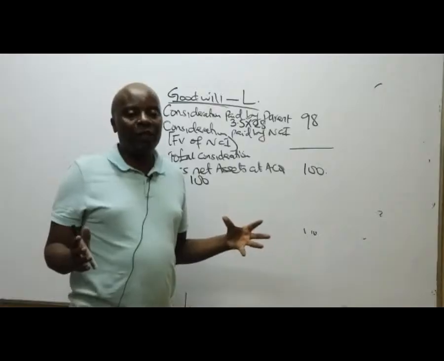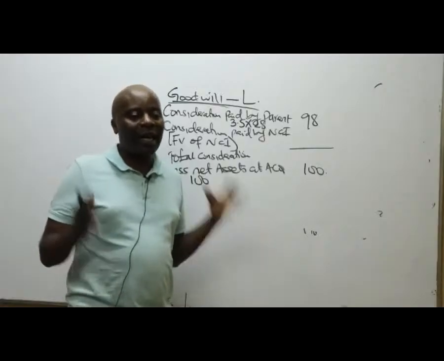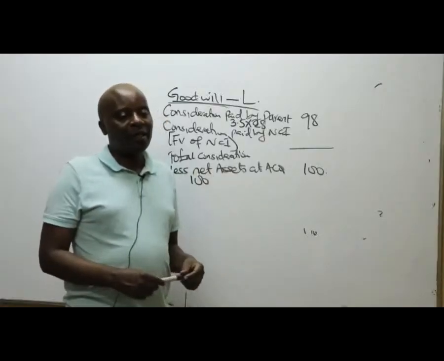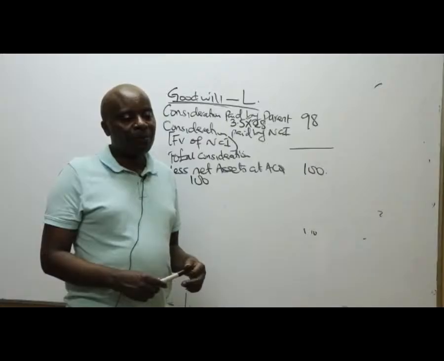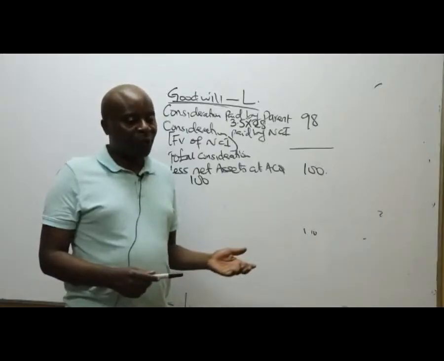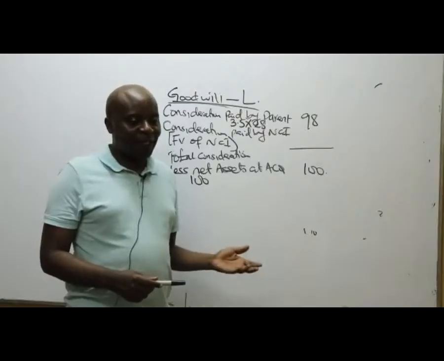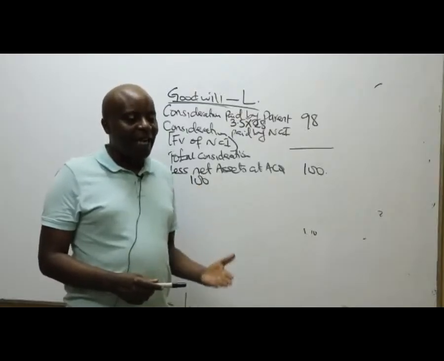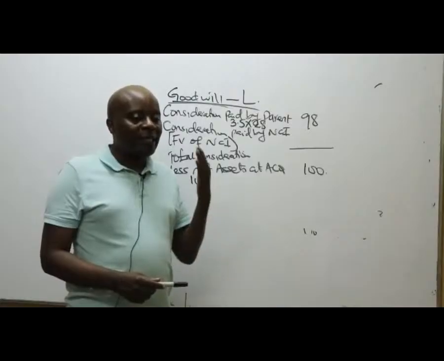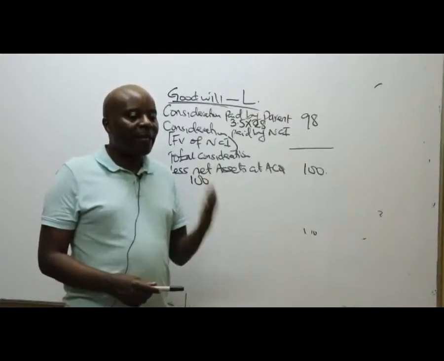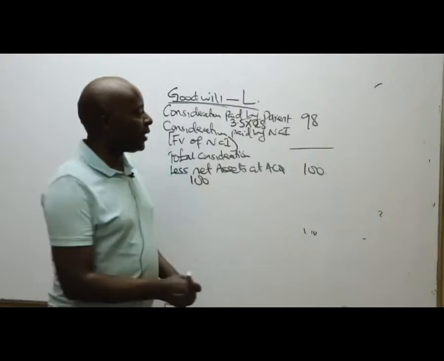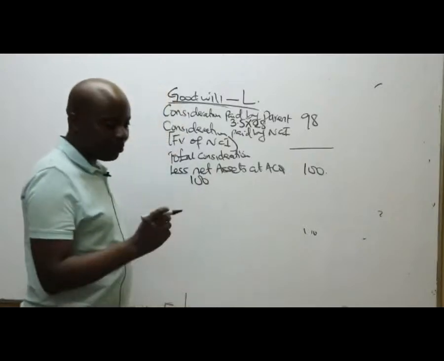What should we do in an exam when we're not given the value of NCI? It's partial method, isn't it? So first of all, do we know the percentage of L that the parent bought in this question?